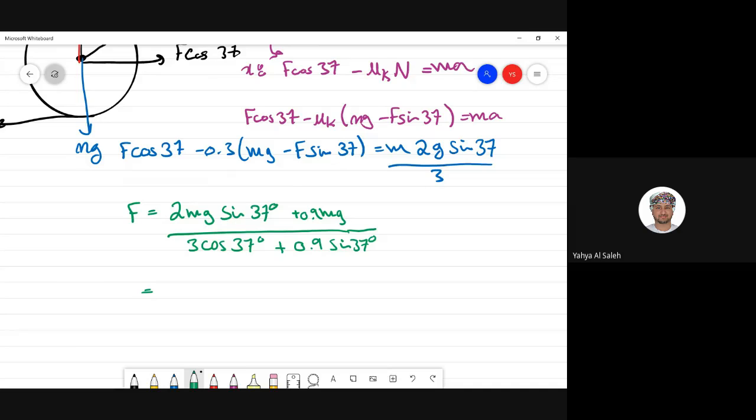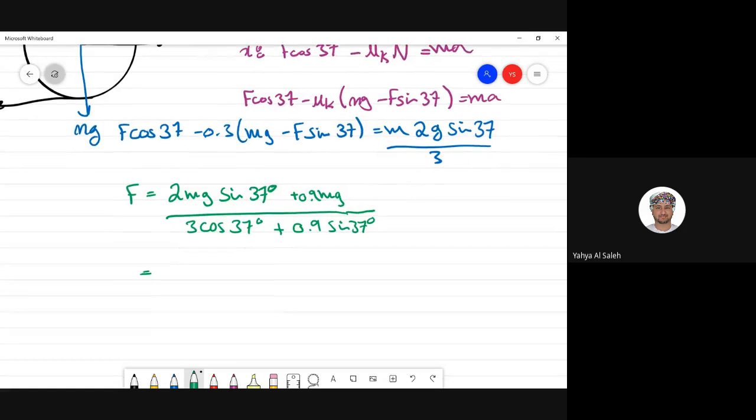Okay. Here is the minus. Doctor, I mean the denominator, 3 cosine 37 minus 0.9 sin 37.